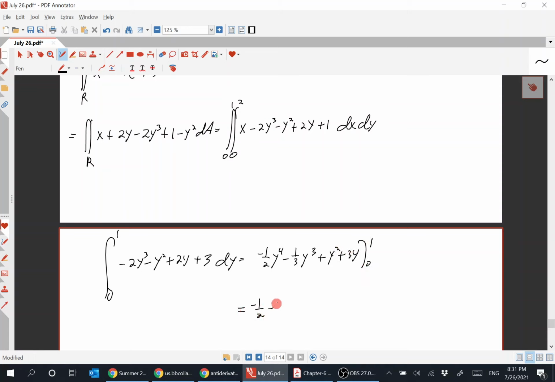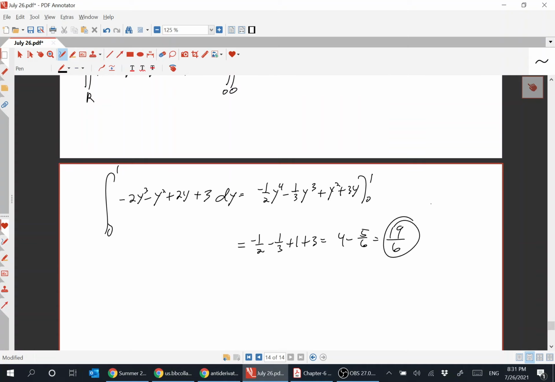So minus 1 half minus 1 third plus 1 plus 3. Common denominator, so that is 5 over 6. So 4 minus 5 over 6 is 24 over 6 minus 5 over 6, so 19 over 6, right? Yeah, 6 times 4 is 24, minus 5 is 19. All right, so there's another nice example of a straight calculation of a vector flux surface integral.